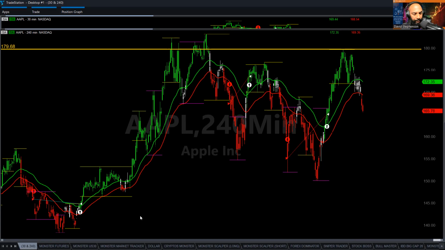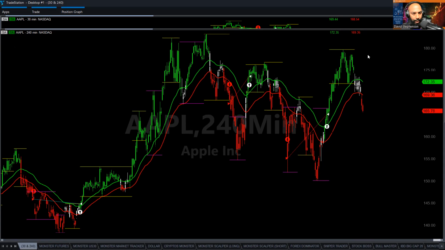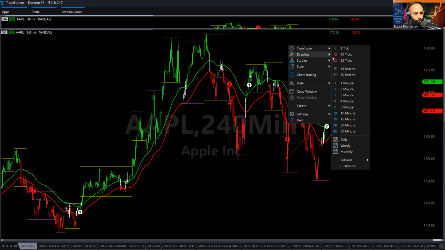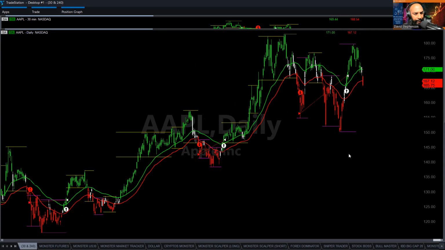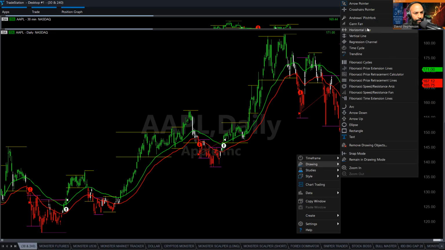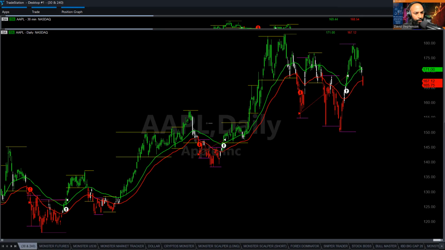So target would be, let's take a look at the longer time frame. Let's take a look at the daily. You might want to trade this on the daily time frame. You can go back and forth, but you might have a bigger move. So here is pretty good support, I would say, down in here.